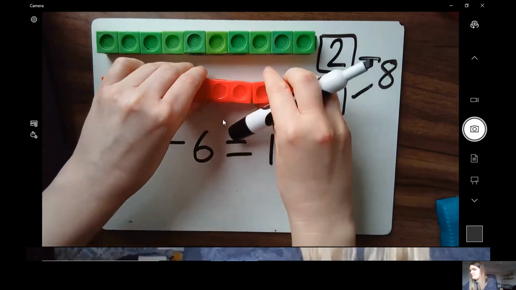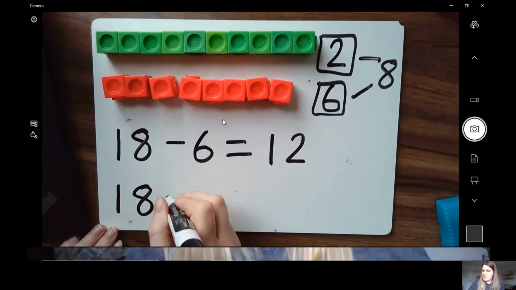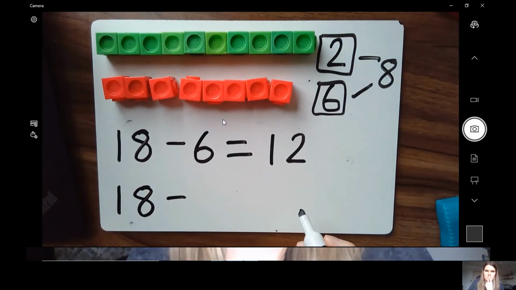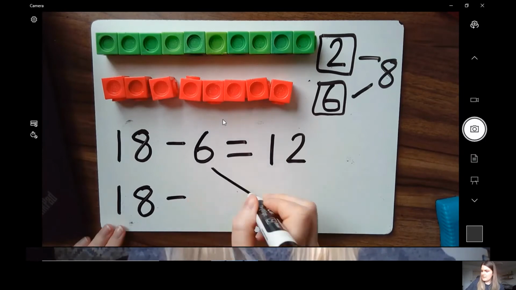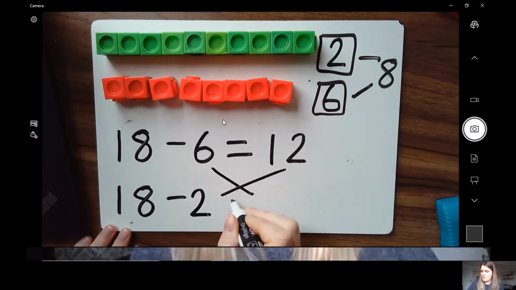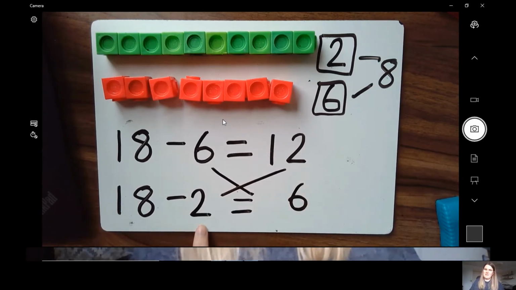Fantastic. So if I want to find my other way, what two numbers are switching? Well done, the 6 and the 2. So I put my 2 in here. My 6 goes here. Is 18 minus 2 6? No, it is a smaller number, but that doesn't seem quite right.